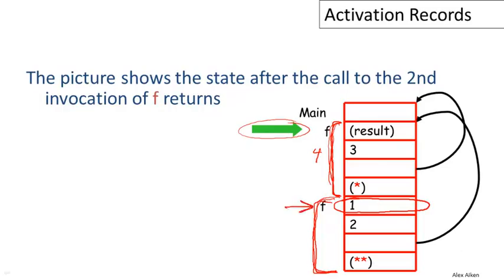So in particular, it'll be able to find this word in memory. And even though this has been popped off the stack, as I said before, that data is still there, at least until another procedure is called. And so if we immediately read the result of the function call after we return from the function, we'll be able to pick up that result and then use it in the continuation of the execution of the calling procedure.